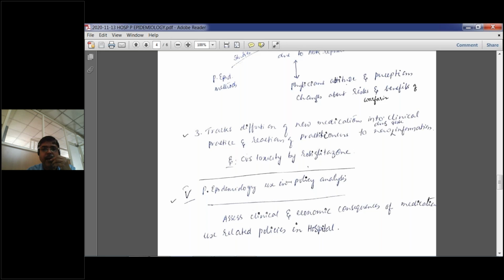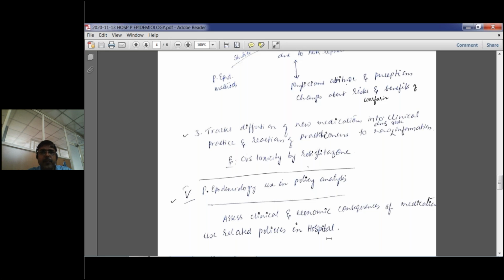Now, there will be a policy to use the medication in the hospital setup. Hospital management will give directions to doctors as well as to pharmacists to distribute the medicines as well as to prescribe those medicines which are in the essential list, that is the formulary list of the hospital.